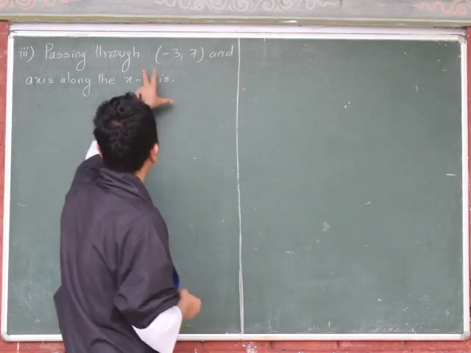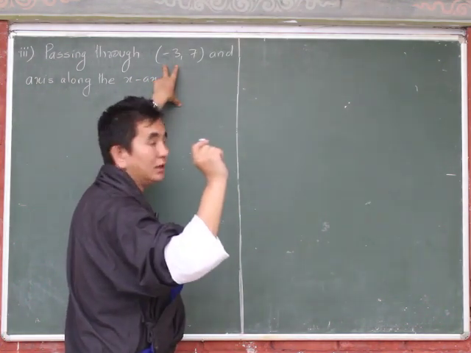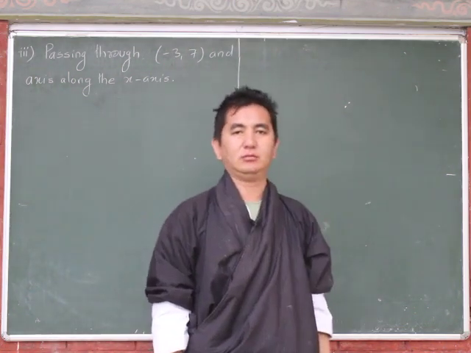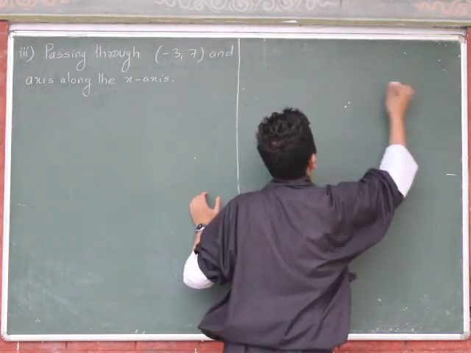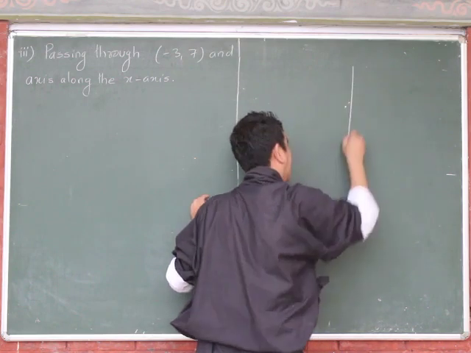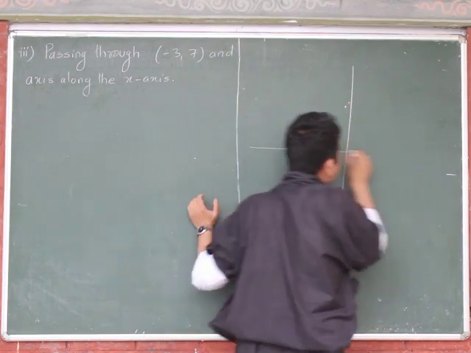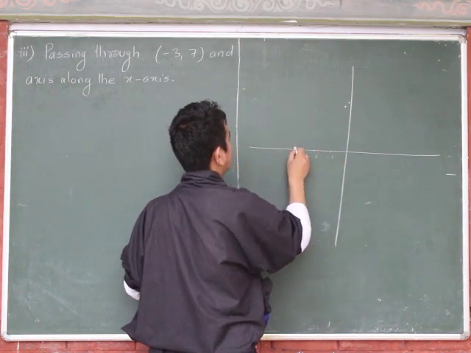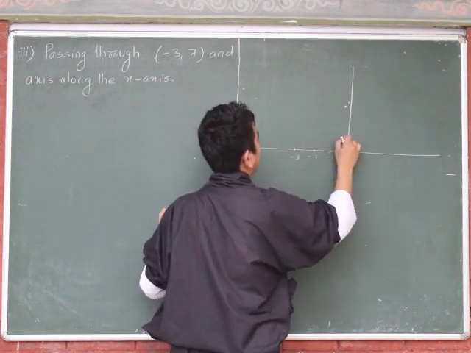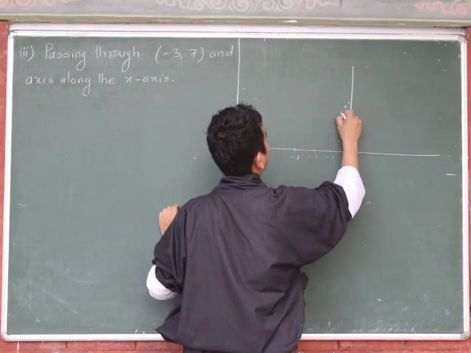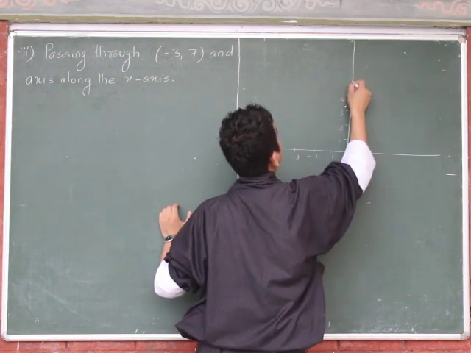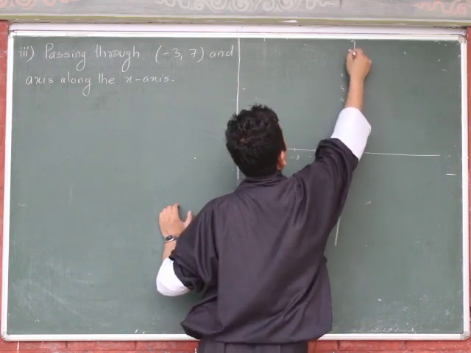In order to find that out, the parabola is passing through negative 3,7. Let me show you. Negative 1, negative 2, negative 3, then we have 1, 2, 3, 4, 5, 6, and 7.